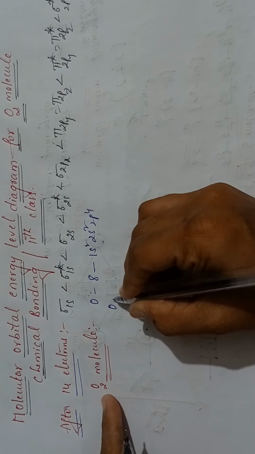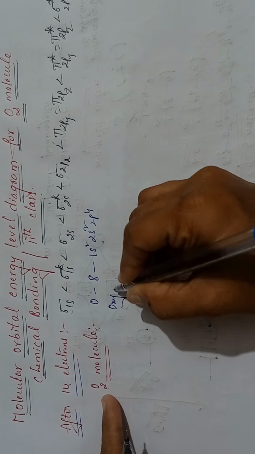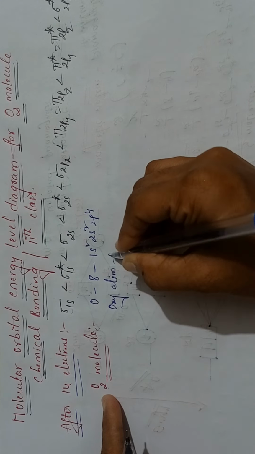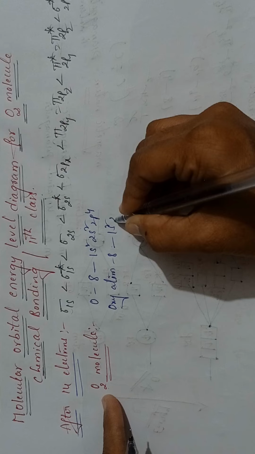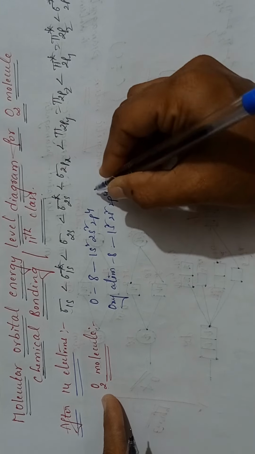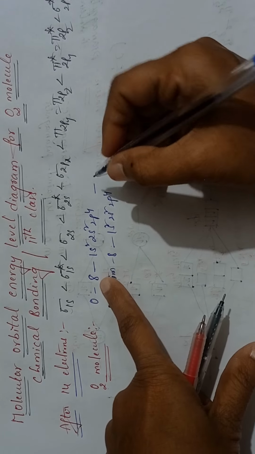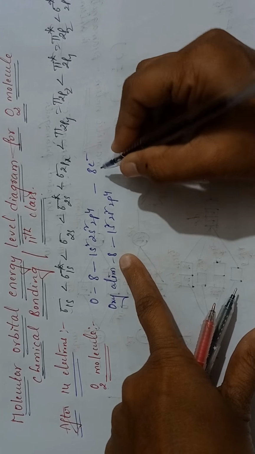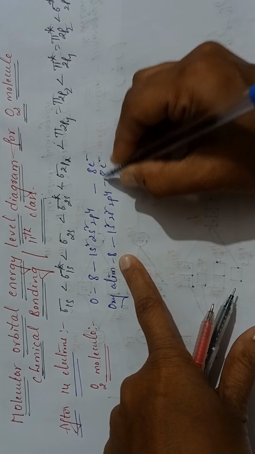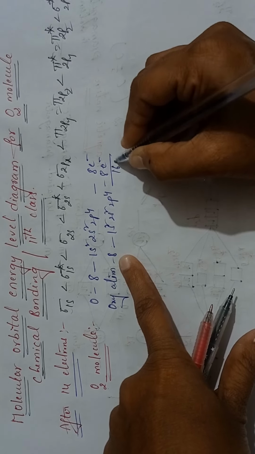Another oxygen atom also has atomic number 8, 1s2, 2s2, 2p4. Atomic number 8 means 8 electrons, so the other atom also has 8 electrons. So in total, 16 electrons.